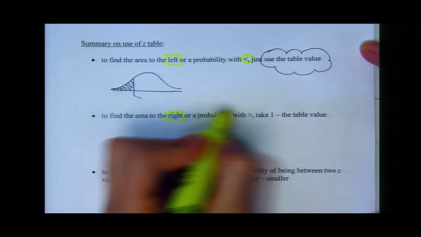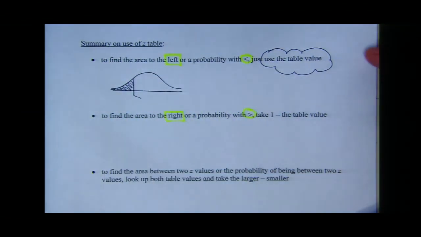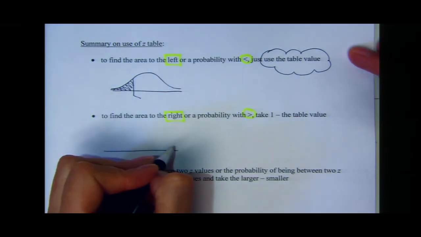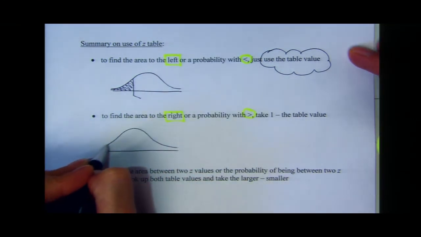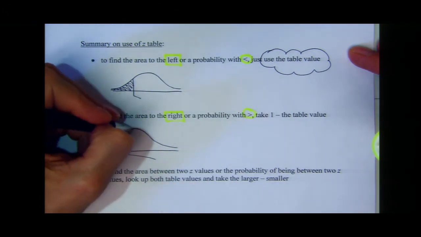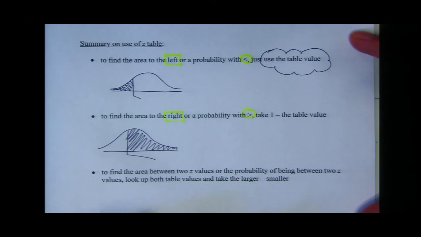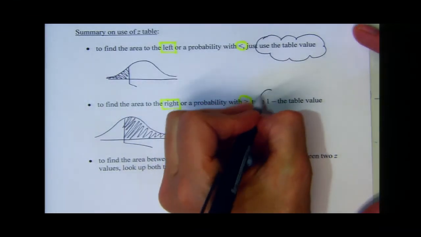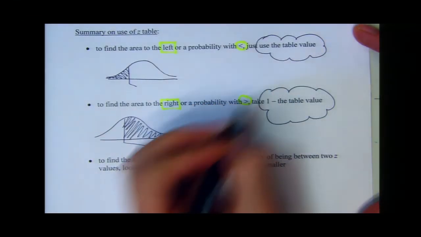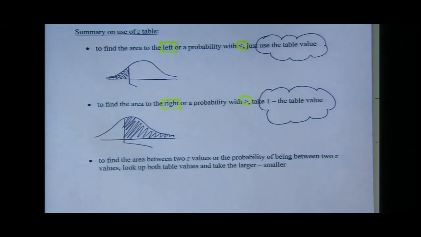All right, anytime we are shading to the right, which is a greater than, one of many examples of what that could look like is this. Then anytime it goes to the right, you know you have to take 1 minus the number from the table.